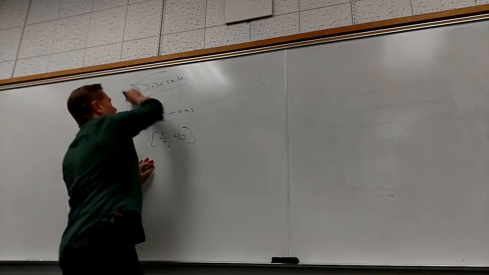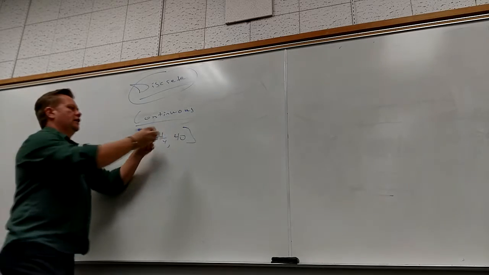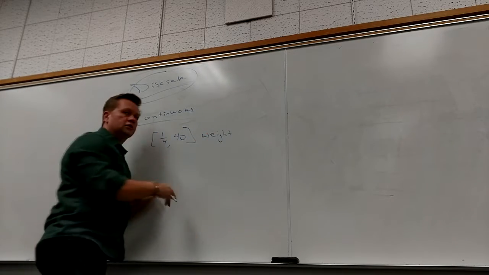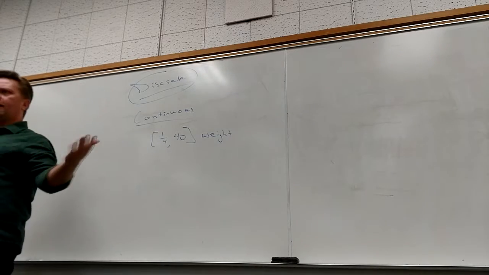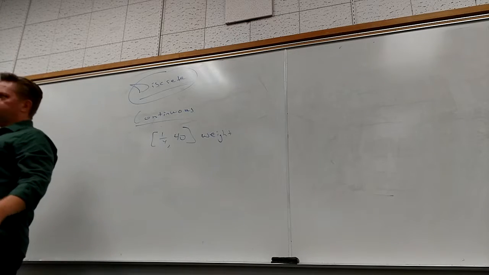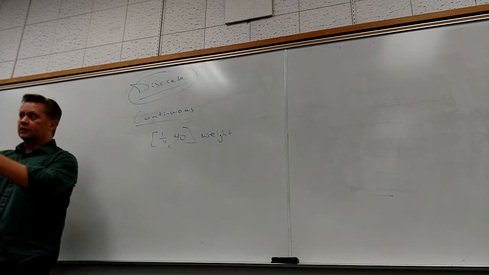So discrete would be the other way around. This would be stuff like backpack weight, distance from school. As a human, I would say I live about 5 miles away. But is it exactly 5? No, it's probably 4.9876. You guys with me? So that's continuous.